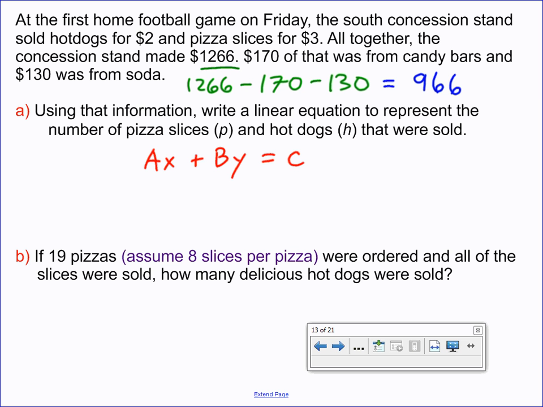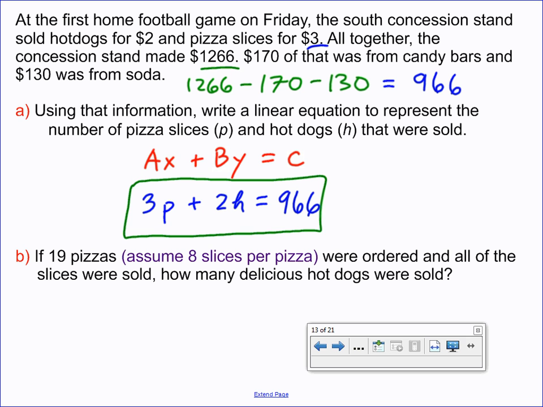So for every pizza slice P that we sell, that contributes how much money towards our revenue? Yeah, there's our 3. So 3P plus, for every hot dog sold, that contributes $2. So 2H together is responsible for our pizza and hot dog revenue. So 3P plus 2H equals 966.